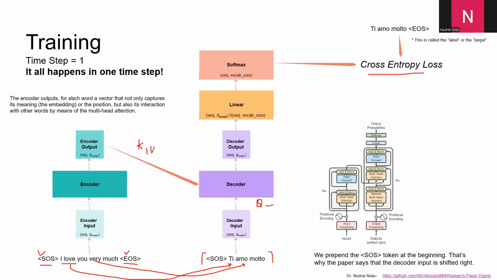The encoder output for each word is a vector that captures not only its meaning embedding but also position, and its interaction with other words through multi-head attention. So at the start of the sentence, it will help the model see the start of the sentence. So it will automatically add start of sentence. Then it will find the possible embedding having the same maximum attention head and try to translate it. So we prepend the start of sentence token at the beginning. That's why the paper says that the decoder input is shifted to the right.